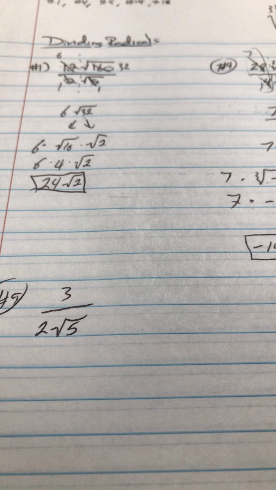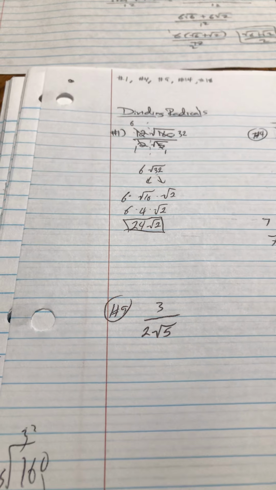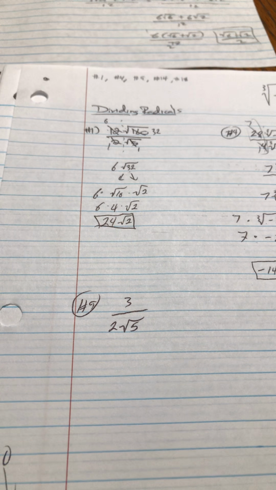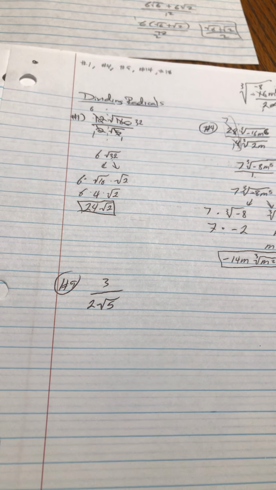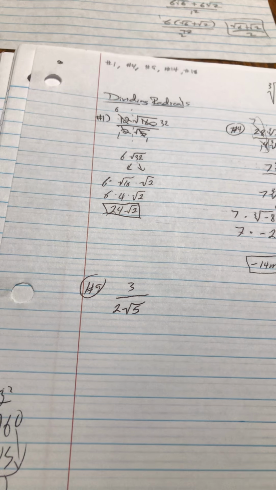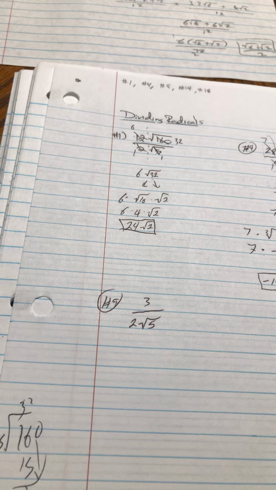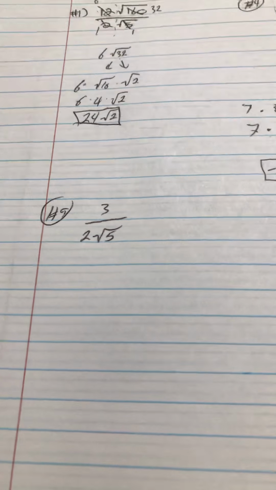And we actually did this back in our, what unit was it? I believe it was our quadratics unit, when I was teaching y'all how to do the complex numbers, and we rationalized the denominator. But we had the i in the mix with that. This time we don't have the i or nothing.